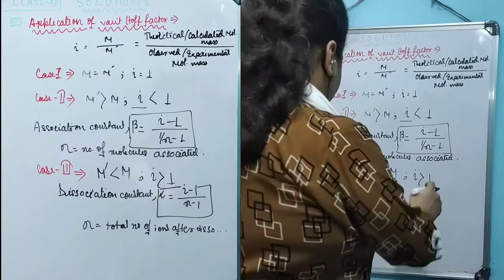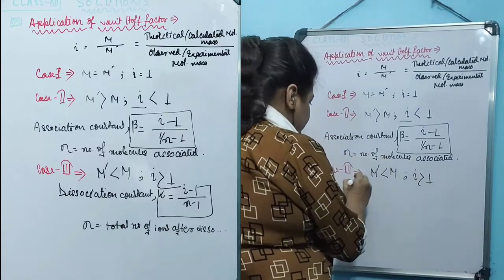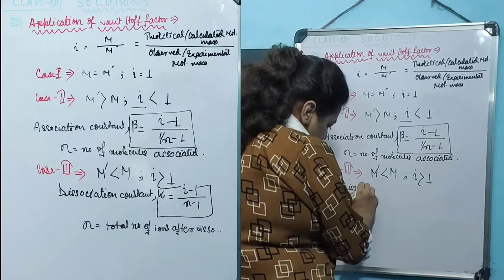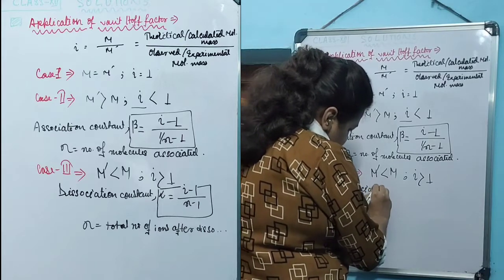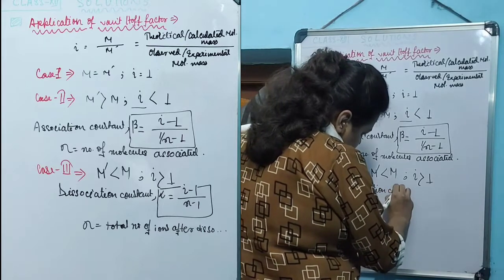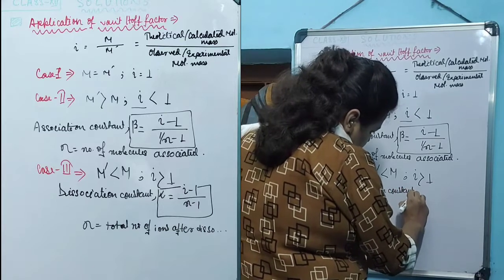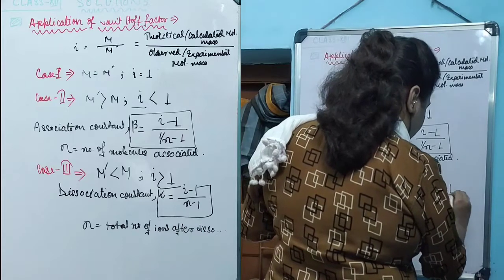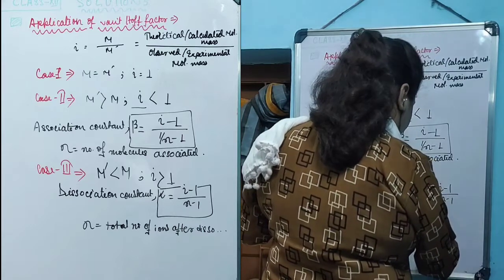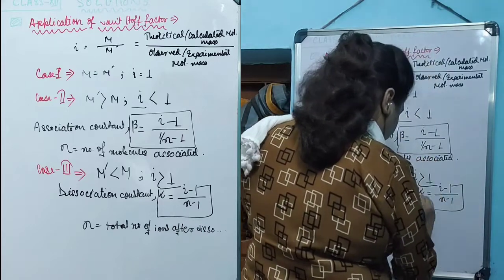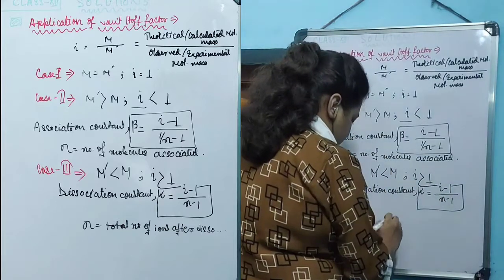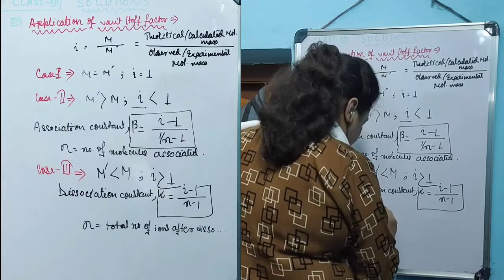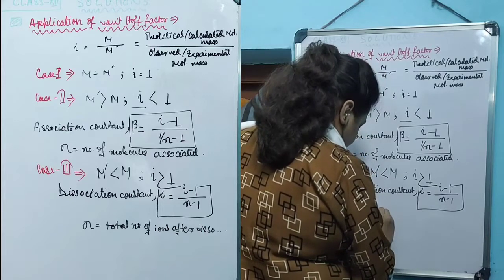And we can also calculate this i by the following expression: dissociation constant alpha equals (i minus 1) by (n minus 1), where n is the total number of ions after dissociation.